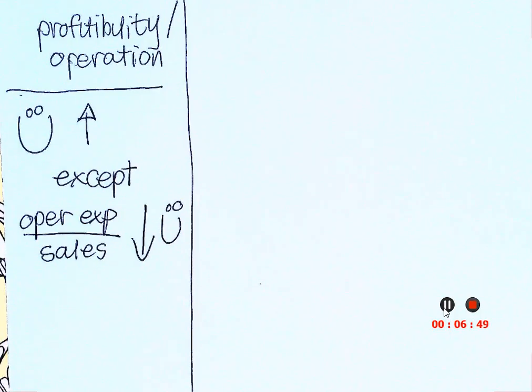And all of them, you will say it's good if it increased from last year to this year, except operating expenses, we want that to decrease, which makes sense. We know that a business is operating efficiently if a smaller portion of its sales is used for the expenses. Then it's more efficient. So that's the first one.